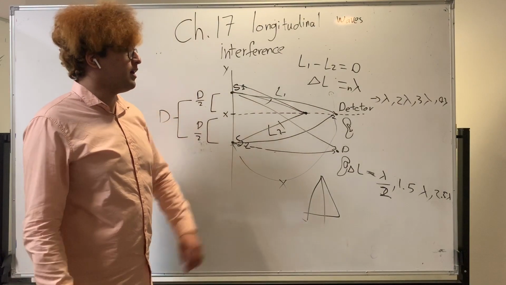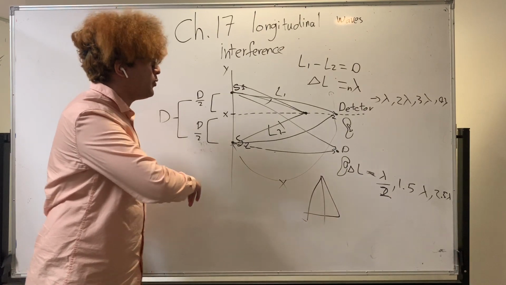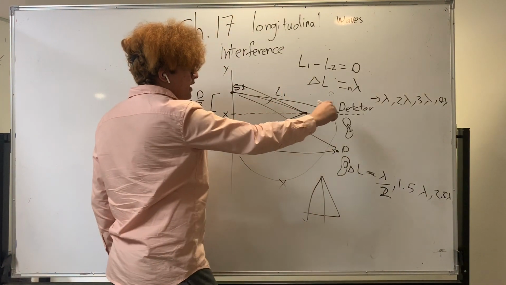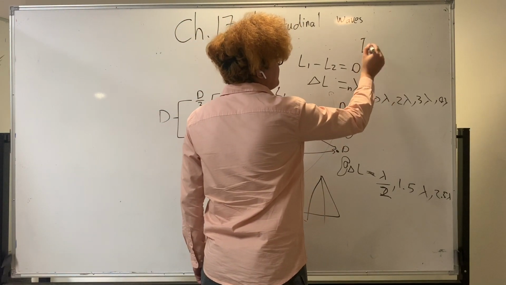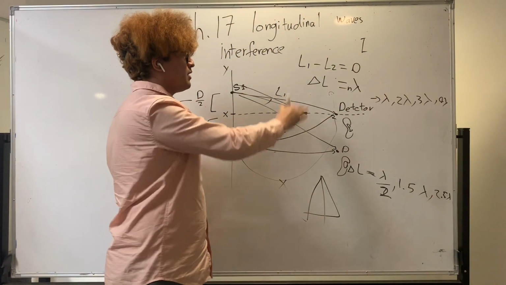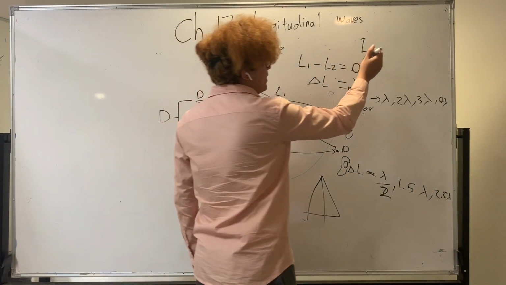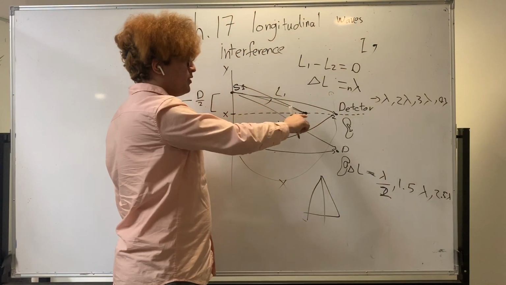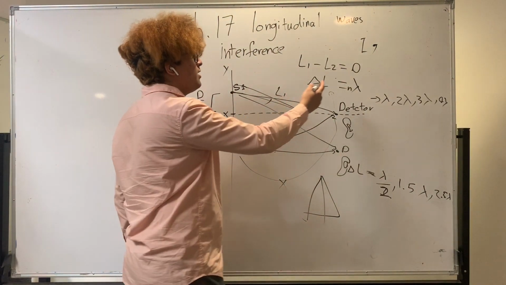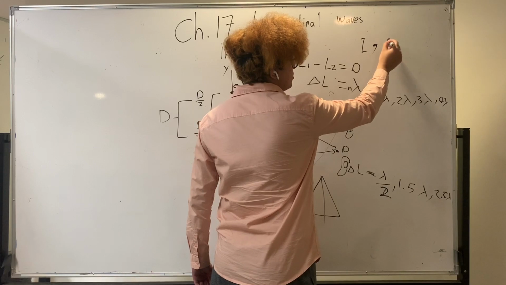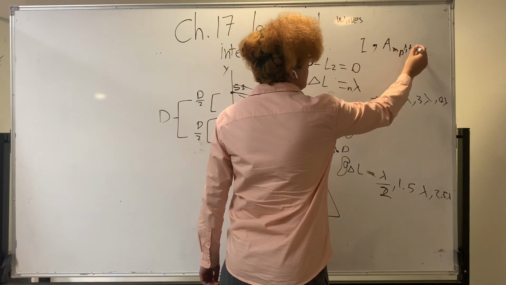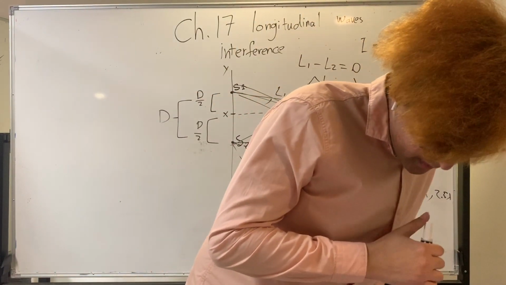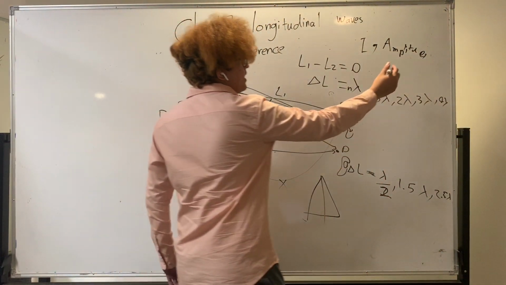So one thing I need to note is that when we have completely constructive interference at this point, we're going to have the highest intensity. Later we're going to learn something called intensity. The resulting sound wave will have the highest amplitude, so we'll have the highest intensity, highest amplitude, and highest power.